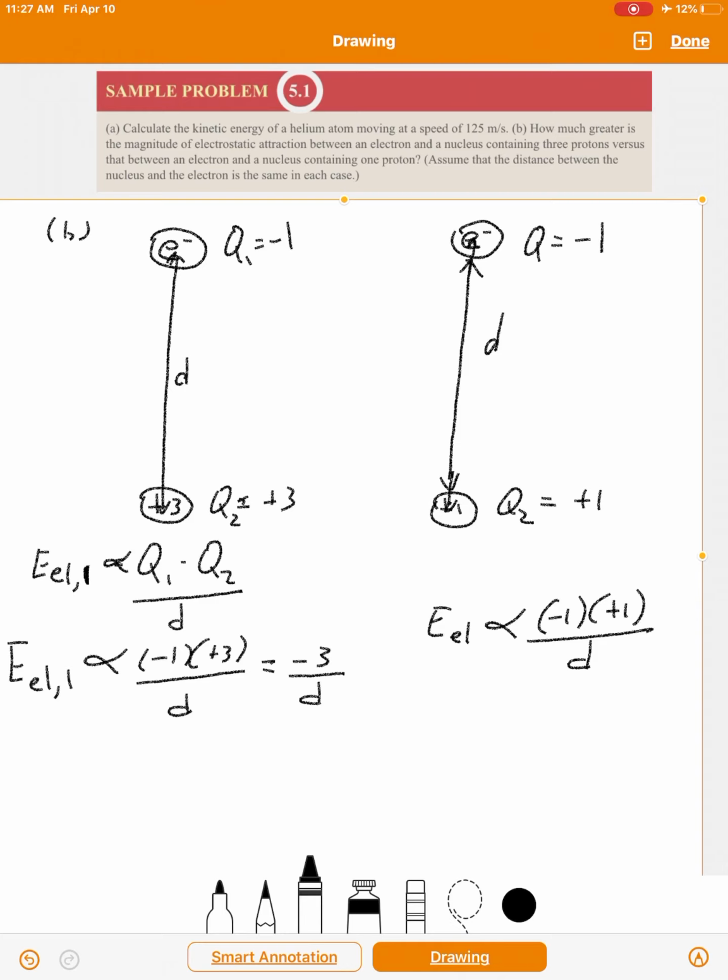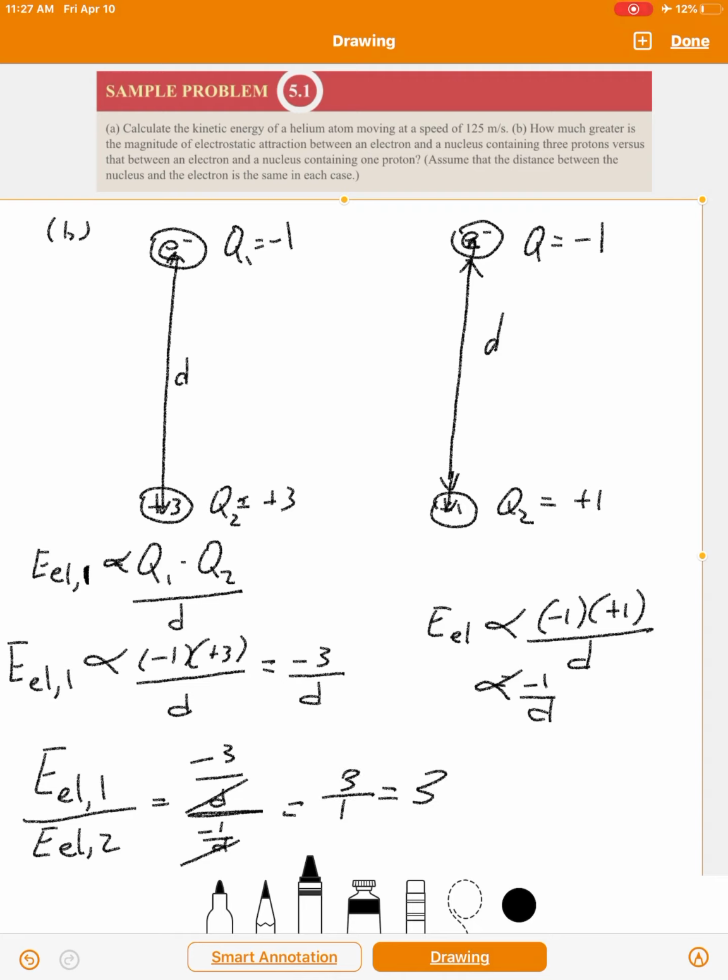Okay, so our next step is I'm just going to do a ratio. I'm going to take the electrostatic energy of case 1 and divide it by the electrostatic energy of case 2. So that would be -3 over D divided by -1 over D, right? Look what happens. The D's cancel, the minuses cancel, and you get 3 over 1. So you get 3.